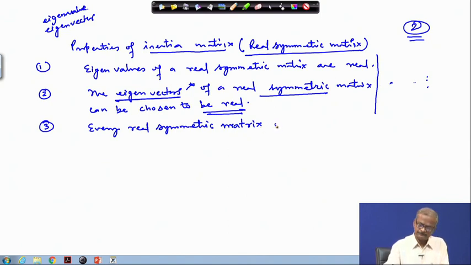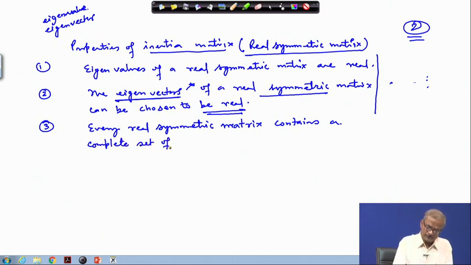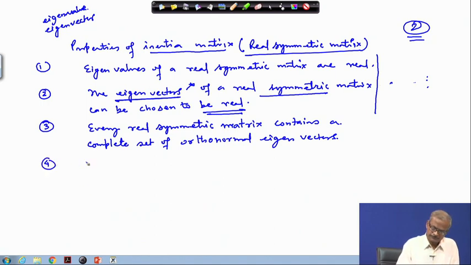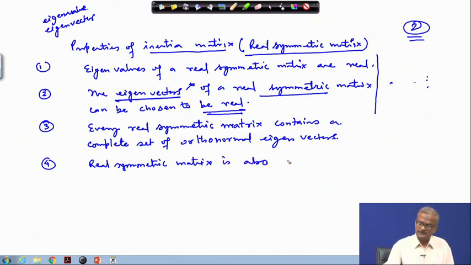A real symmetric matrix is also diagonalizable.